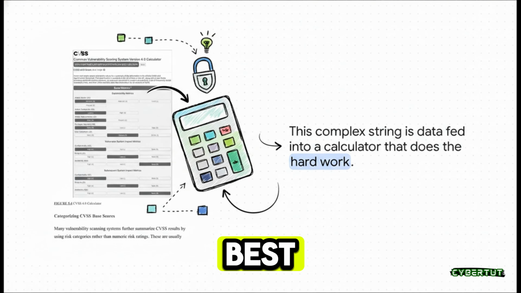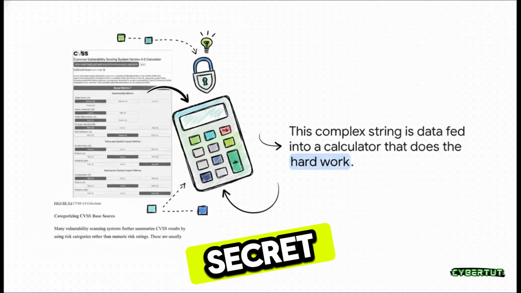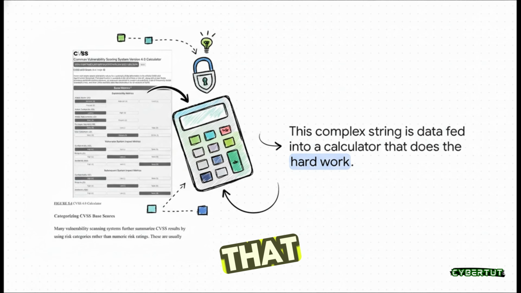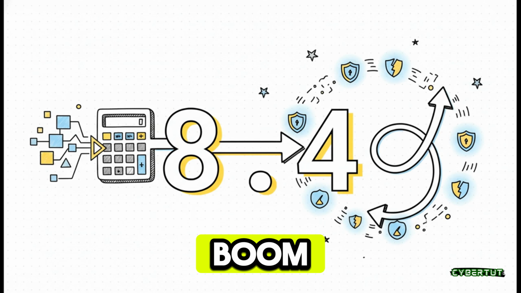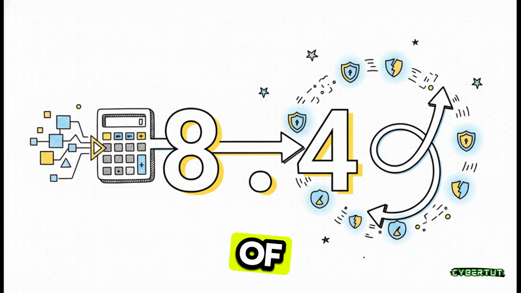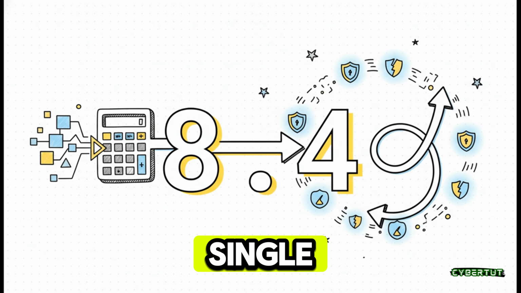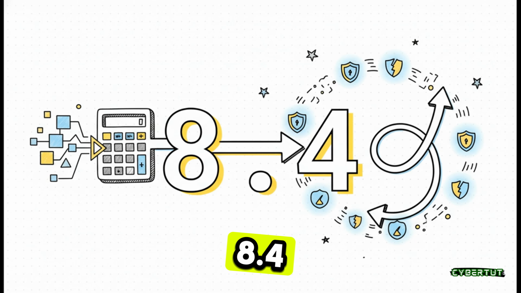But here is the best part, the big secret. You don't have to understand that code, because that complex string is just a piece of data that you plug into a simple online calculator. You feed it the vector string, and it does all the hard math for you. And boom! The calculator takes that long string of gibberish and spits out one single, simple number. For the vulnerability that we've been looking at this whole time, the score is 8.4.